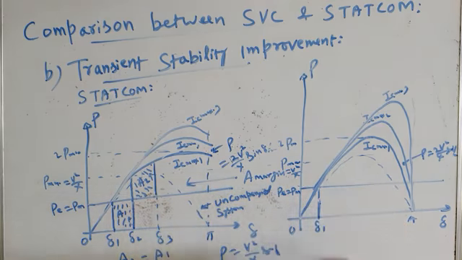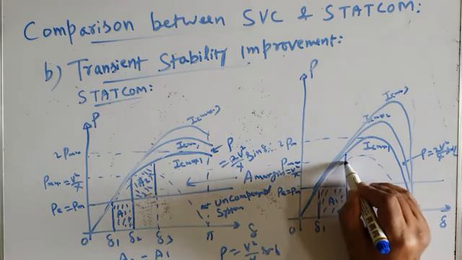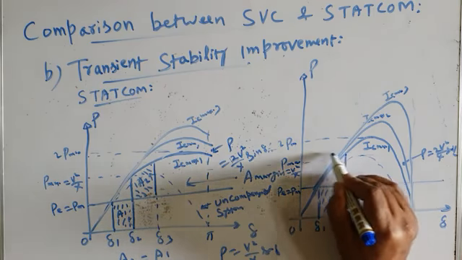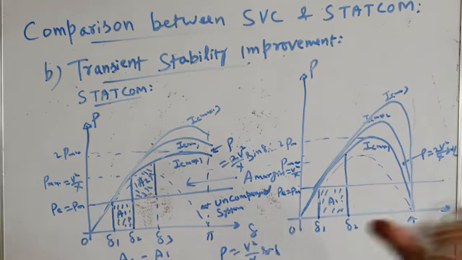And here the fault is cleared, the transmission line is reconnected in the system, and how much electrical power is now transmitted? Not this much. More electrical power is transmitted over the line because the system is now operating at delta 2. So the electrical transmitted power is more than the mechanical input power, so the machine starts decelerating.